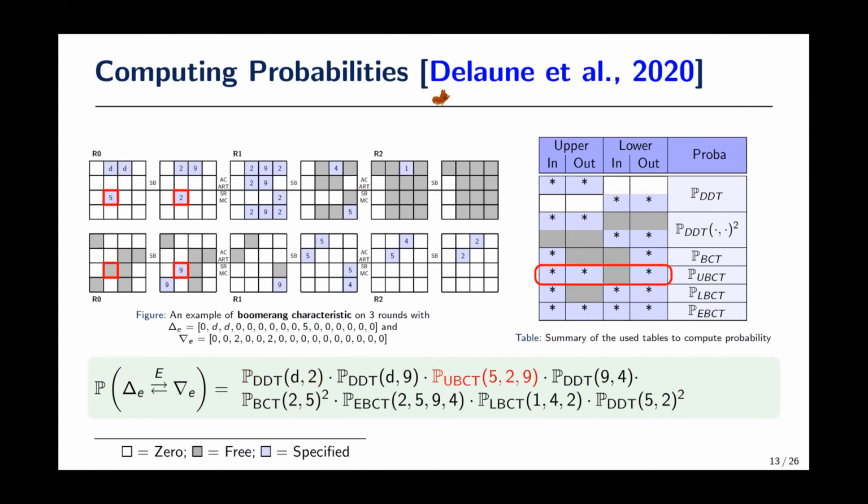On another block here, the input and the output of the upper shell are set to a specific value, and the input of the lower shell is set to 3, and the output of the lower shell is set to a specific value, and it corresponds to the UBCT case. So we can compute the probability using UBCT for this transition.